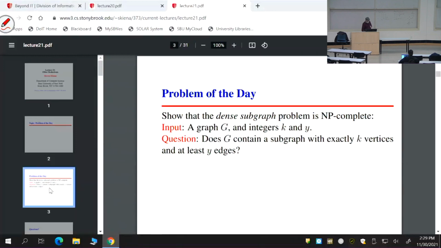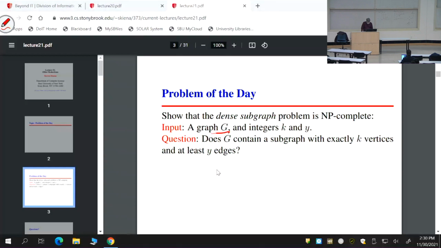Let me now go to the daily problem today, which I didn't go to, and let's see if you can do it. What was the daily problem? The daily problem said, show that the dense subgraph problem is hard. What is the dense subgraph problem?